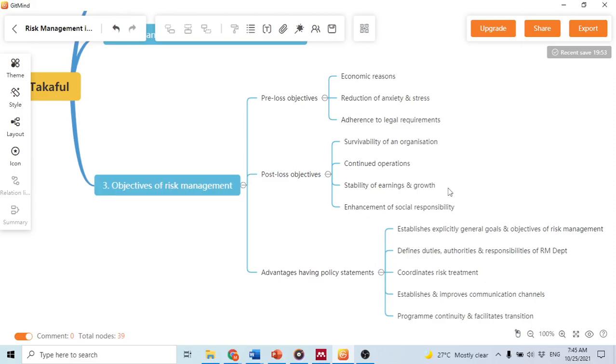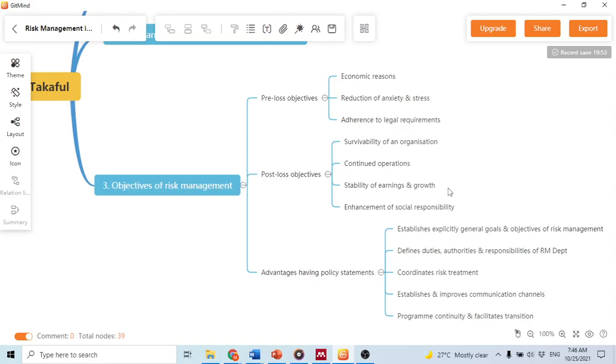Okay, the risk management objectives mentioned can be put into action through the adoption of a formal risk management policy statement. So all that we have discussed earlier related to the risk management objectives should be in written form, at least mentioned in the formal risk management policy of the organization.